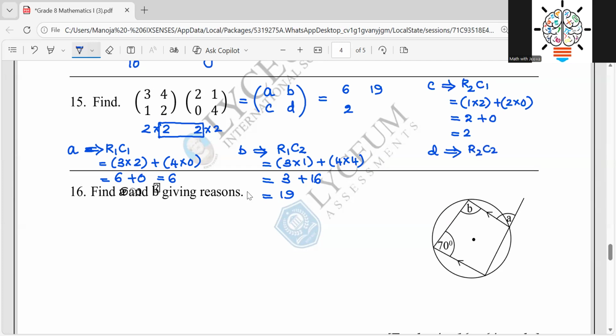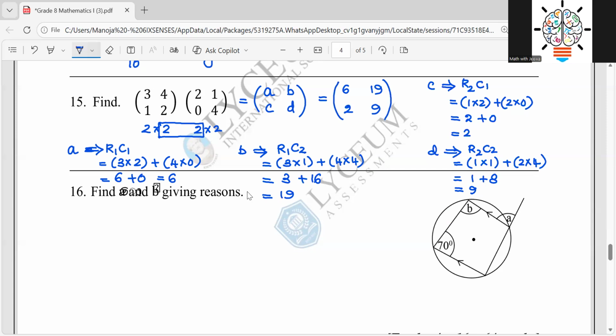R2, C2, row 2, column 2. Then I write 1 times 1 plus 2 times 4. 1 times 1, 1. 2 times 4, 8. And it is 9. So then I write here 9.